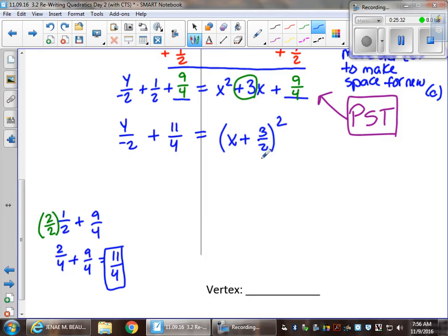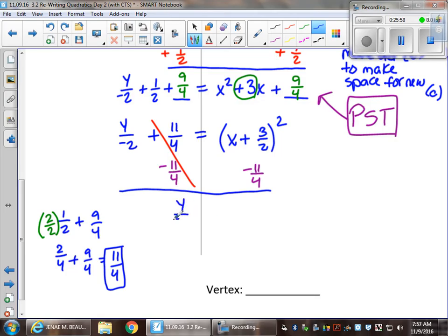What's that last step? Isolate y. How are we going to make that happen? What needs to move? How are we going to move a positive 11/4? Subtract 11/4. Subtract 11/4. Yes? We are. Keep that in mind.